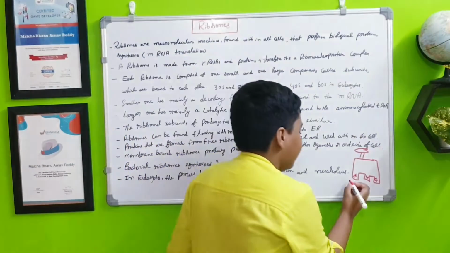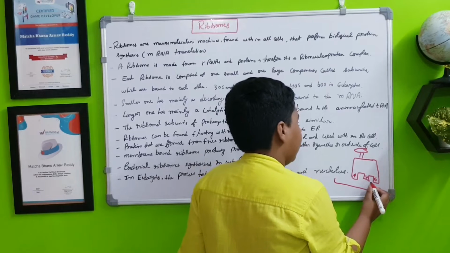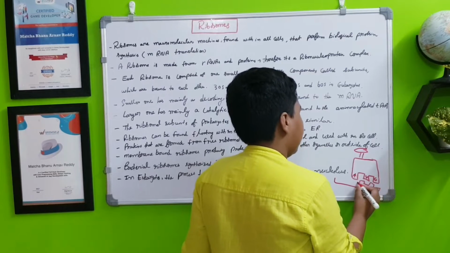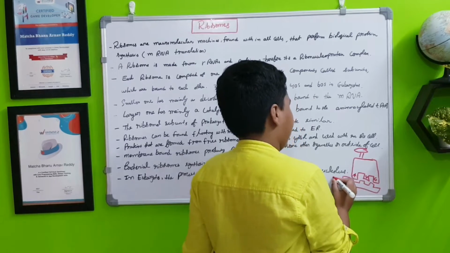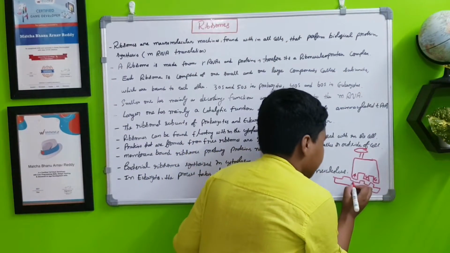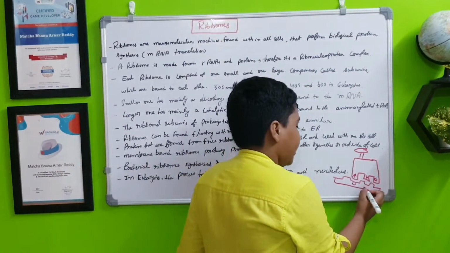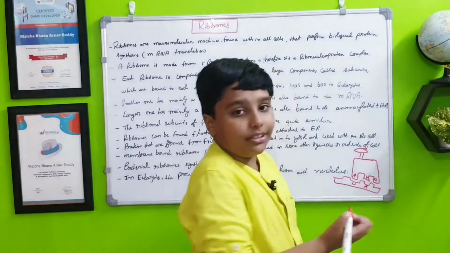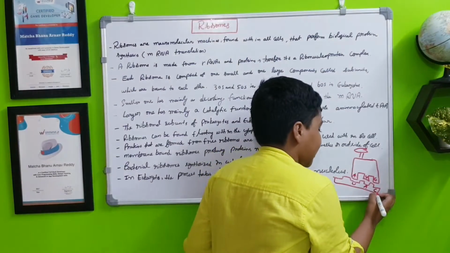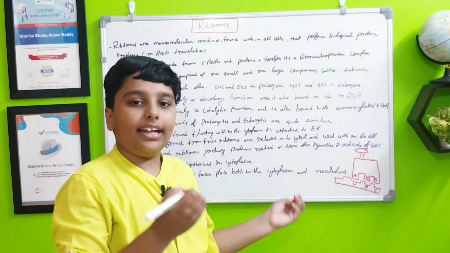So for example, this is an mRNA down here. The opposite of A is U, the opposite of U is A, the opposite of G is C. It will only connect if it is matched with its anticodon.